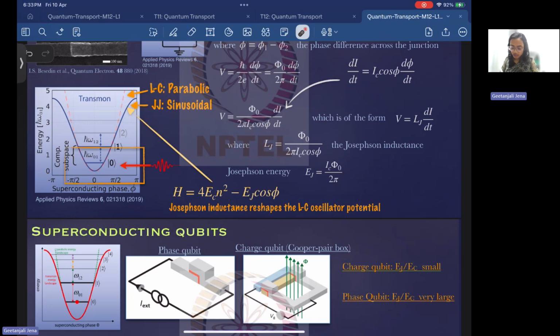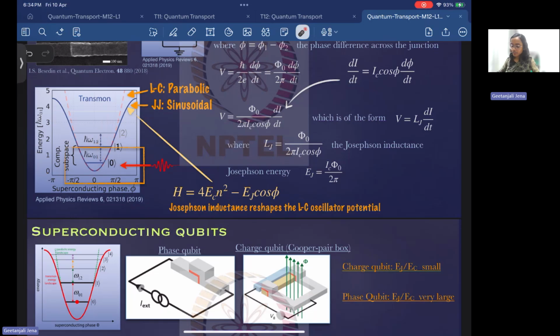So the thing that we are more interested in is that we want to use only this 0 and 1 state to design this qubit. So whenever we put in a radiation, only these two states should be involved, not the other states. That means the energy differences between all these states should be different.